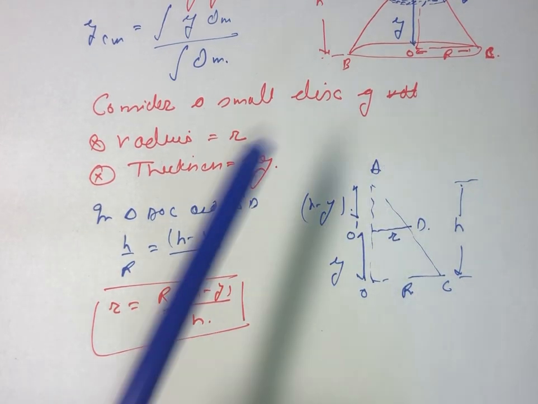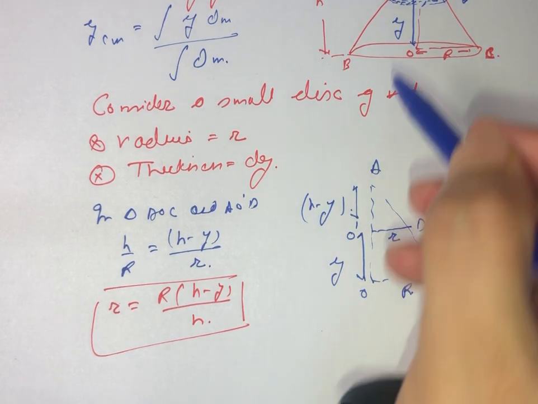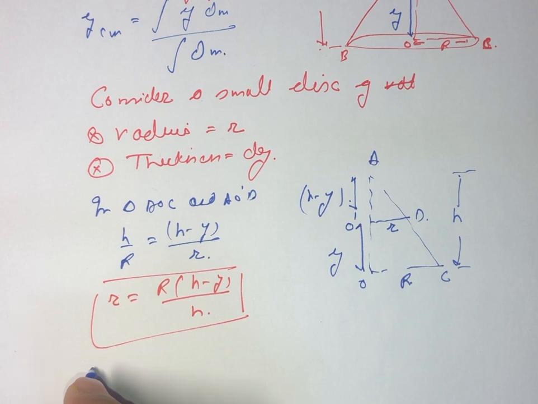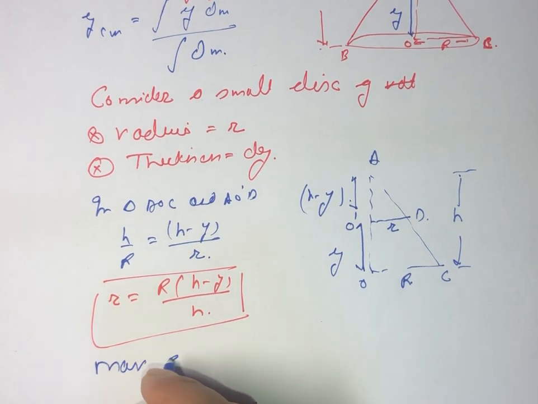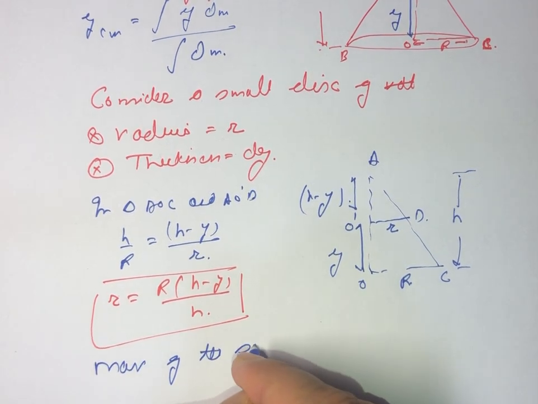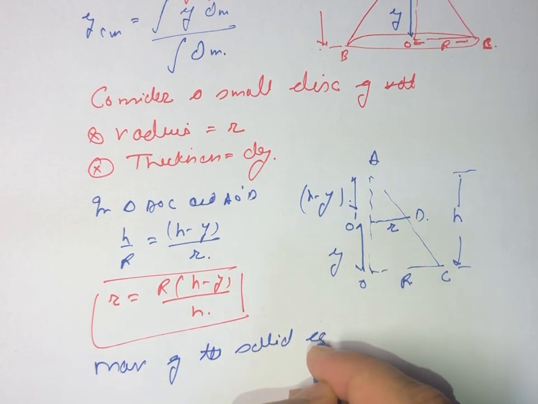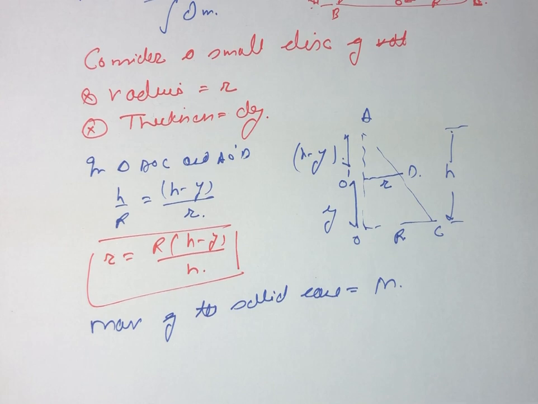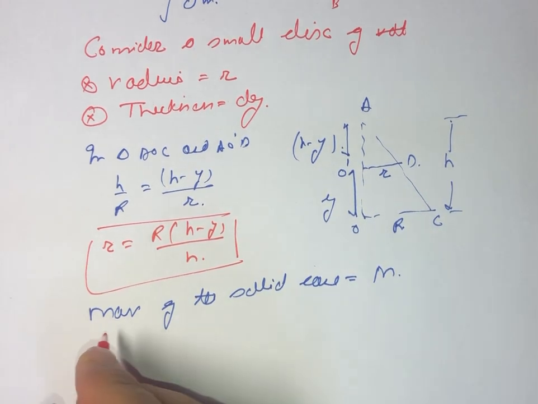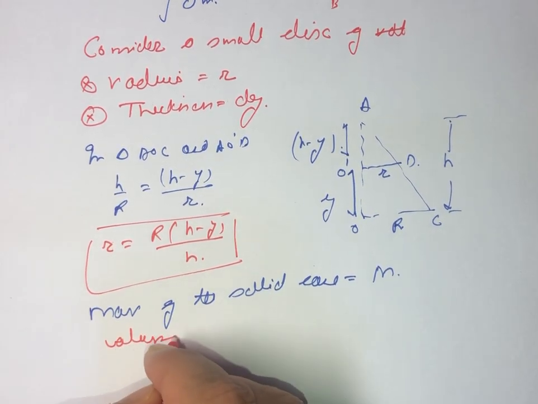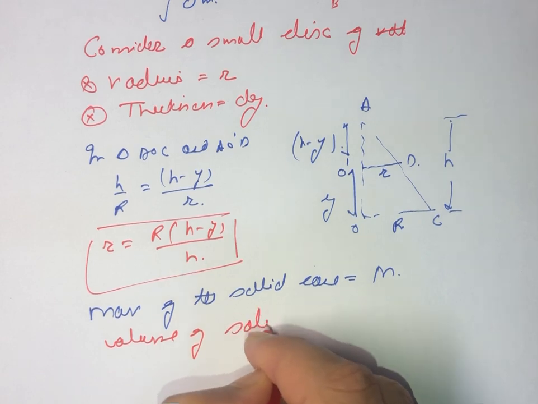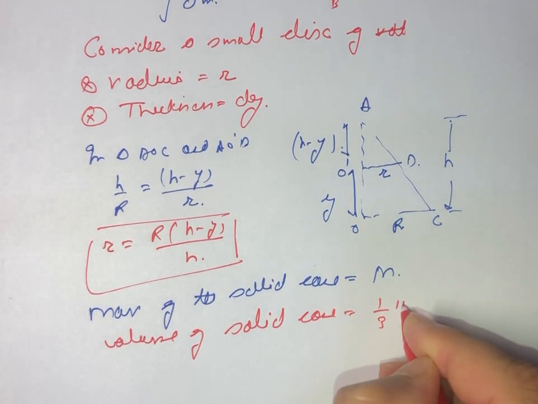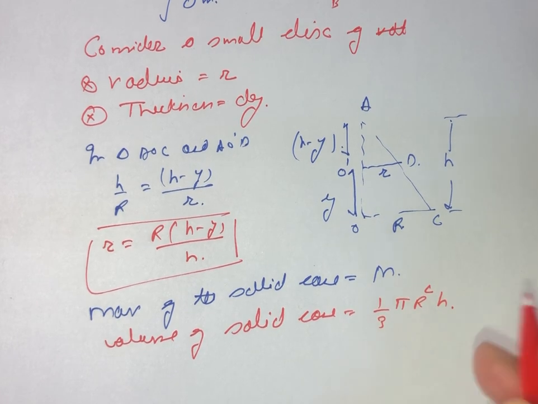So if M is the total mass of this solid cone, the mass of the solid cone is given as capital M, and the volume of the solid cone will be given as 1 by 3 pi R square h.